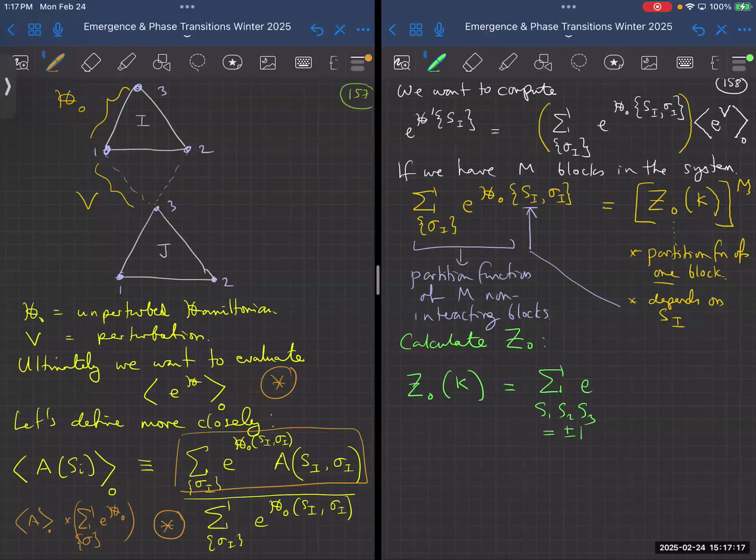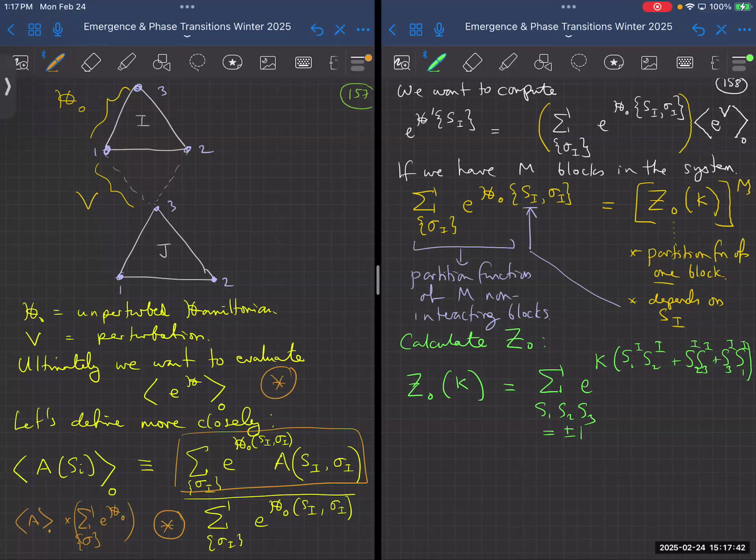And then what is the Hamiltonian? Well, it's e to the K times S1 S2 plus S2 S3, whoops, plus S3 S1, all within that same block Si.